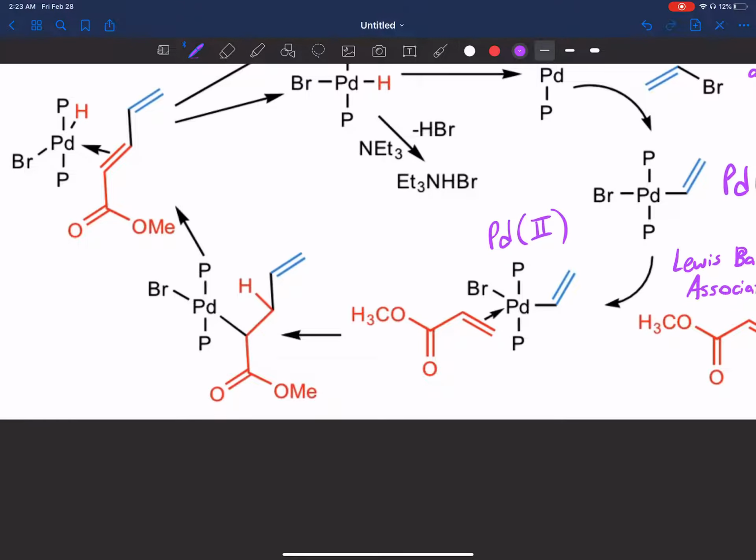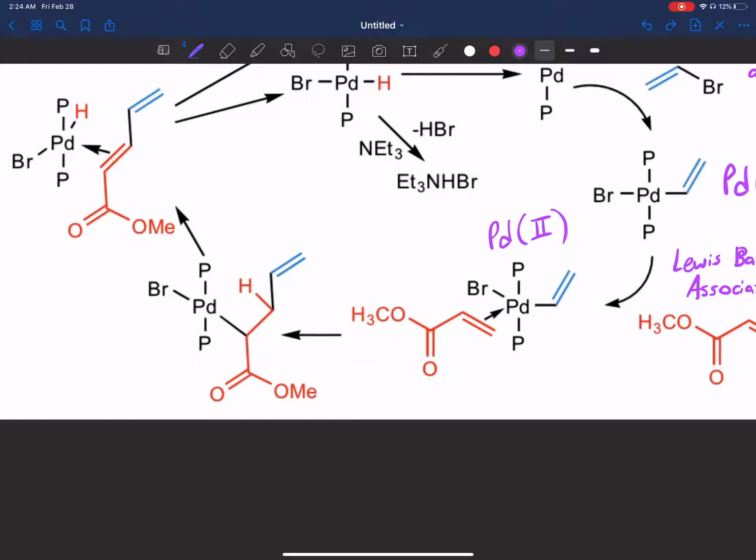So what's happening here? What we can see is that we had this alkene in red bound to that palladium. But in this case, now we don't have a double bond there anymore. What happens is one of the carbons of this red chain is bound directly to that palladium.